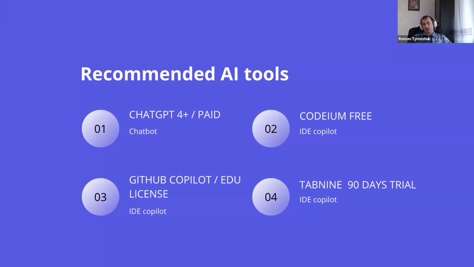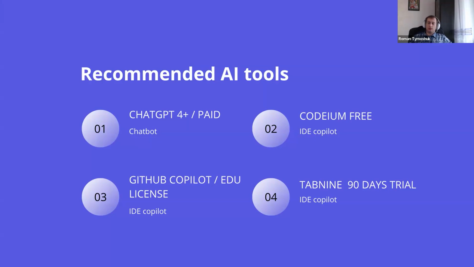But again, you need to understand that all of them may hallucinate and can provide wrong answers. Your role is to check, understand and verify that what is provided by AI is true and actually satisfies your requirements. Besides ChatGPT, you can use GitHub Copilot.